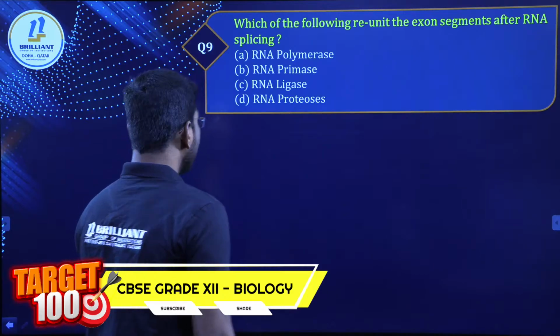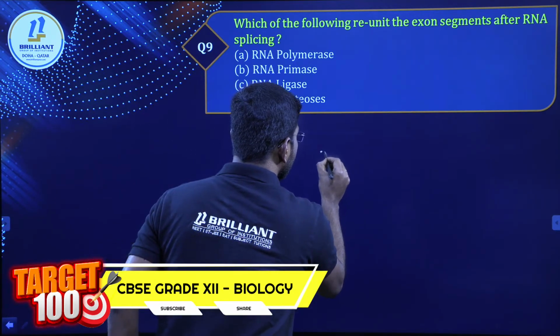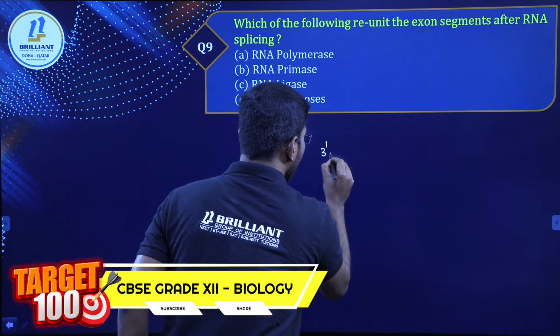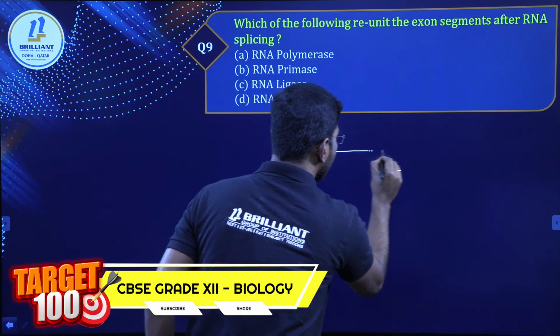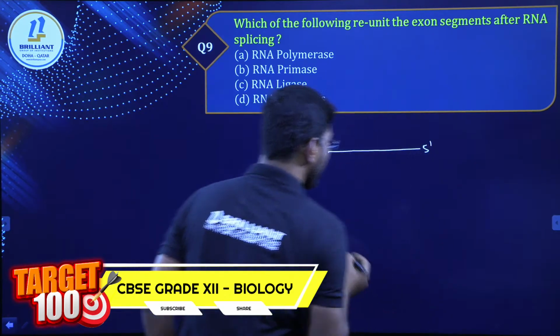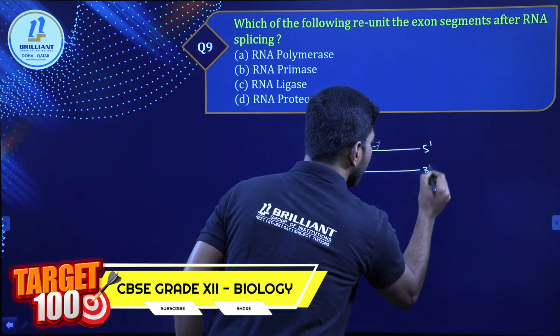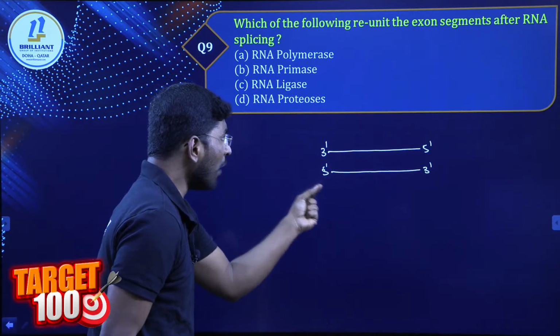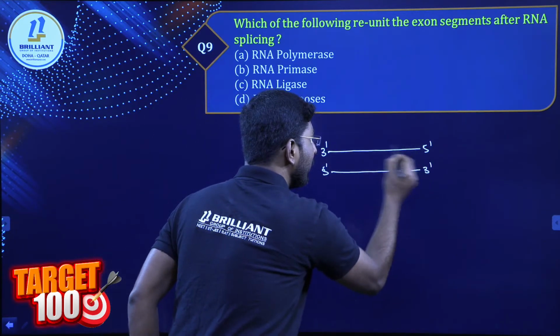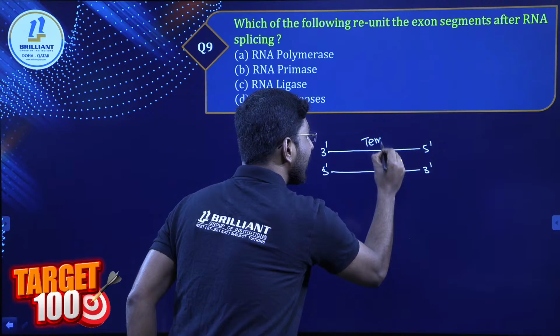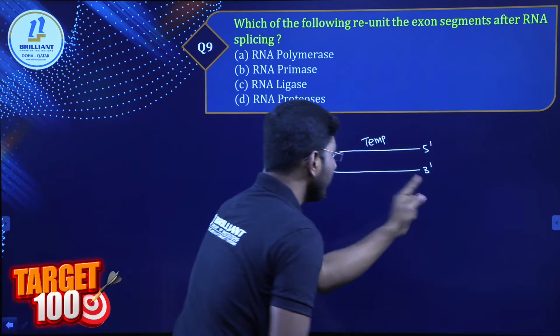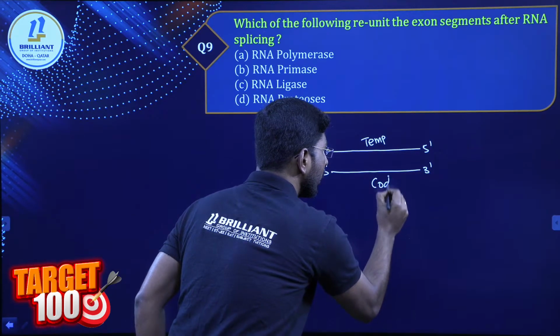Here, this is DNA. This is 3'. Now I am writing the 3' to 5' DNA strand, and the 5' to 3' DNA strand. Out of these 2, the 3' to 5' strand we always call the template strand, and the 5' to 3' strand we call the coding strand.